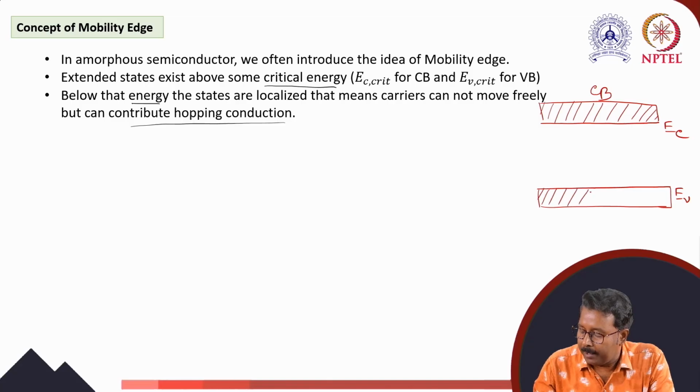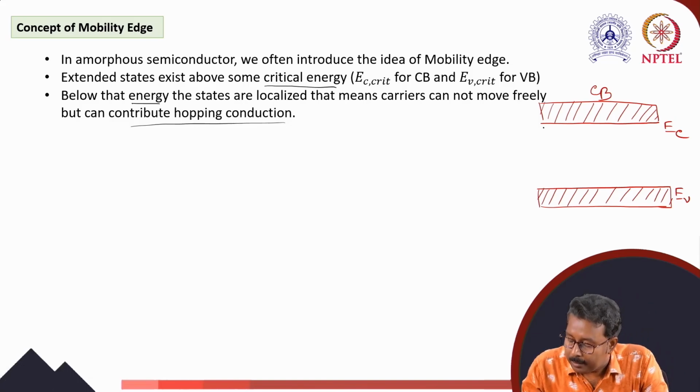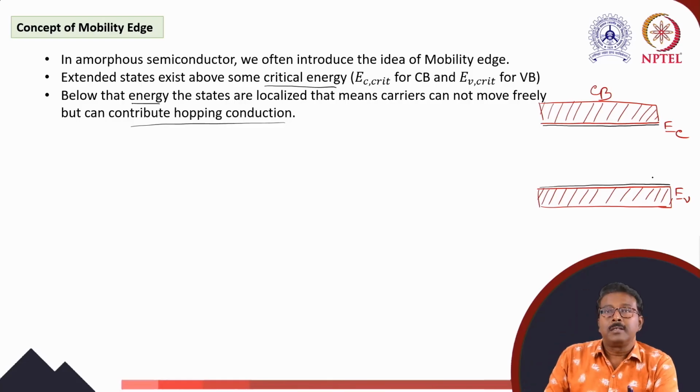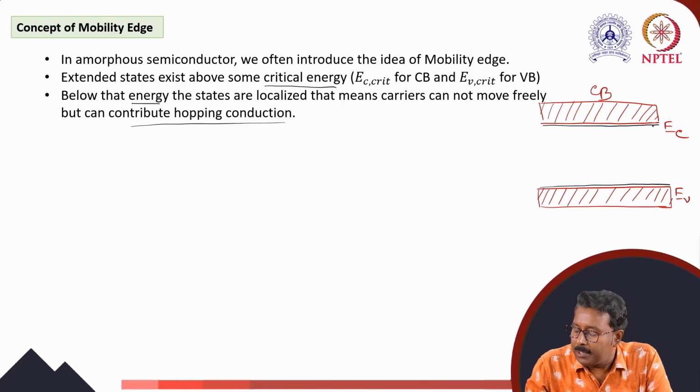The valence band and conduction band are there. Suppose a tail state lies very close to the EC, as drawn in black color. Similarly, a tail state very close to the EV.